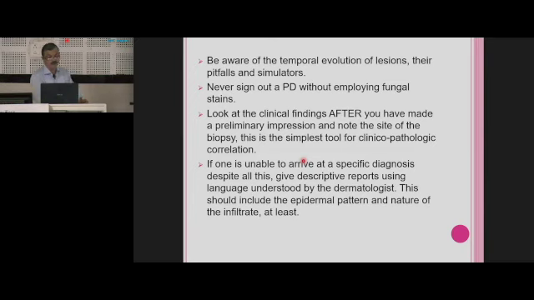If one is unable to arrive at a specific diagnosis despite all this, give a descriptive report using language understood by the dermatologist. This should include the epidermal pattern and nature of the infiltrate at least.